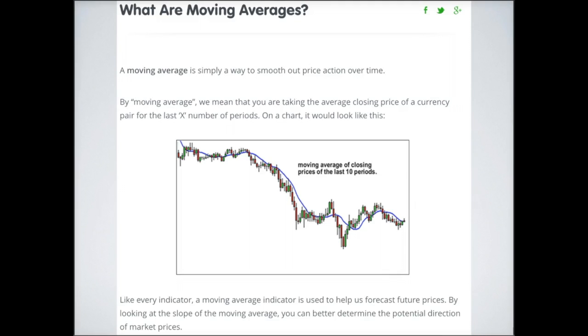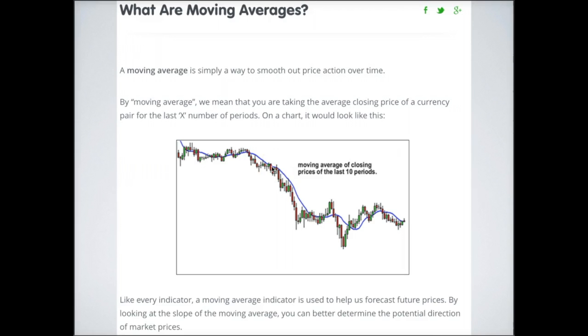It's a simple way to smooth out price action over time. You take the closing price of a currency and you add it as a smooth line. As you can see, these candles are going up and down, and the line is running through them. As it runs through them, you see what it forms?